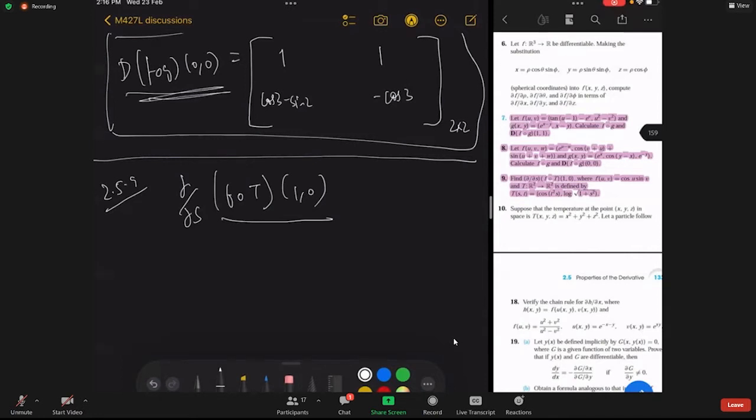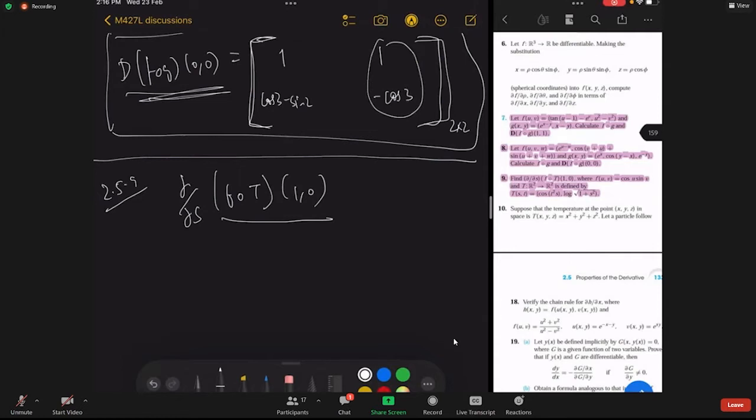We'll find D of f circle t at that point. Then let's differentiate whatever you have here. One column would be the differentiation with respect to a particular term. The other column would be the differentiation with respect to another term. So from that we can find the answer.